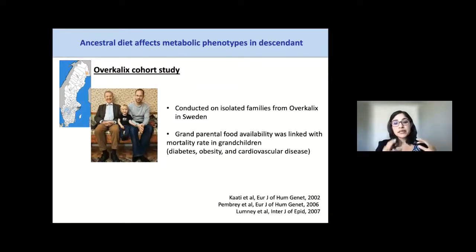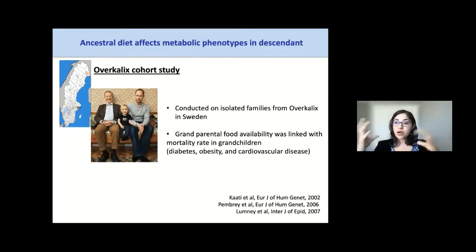What they did in this study, for the late 1800s and early 1900s, was collect information from public records on which years had a good crop season, so there was enough food, and which years were not good crop seasons and had less availability of sufficient food. Then they also collected public records of health, so deaths in the families and the reasons for those deaths.